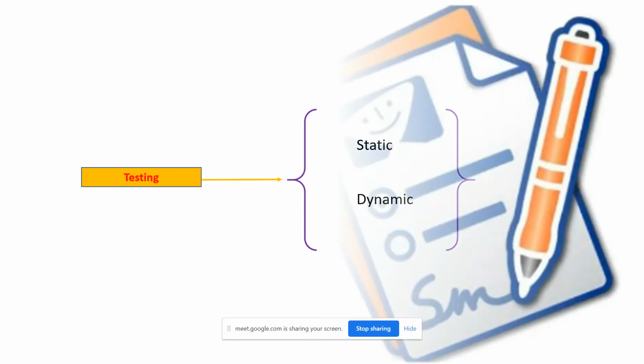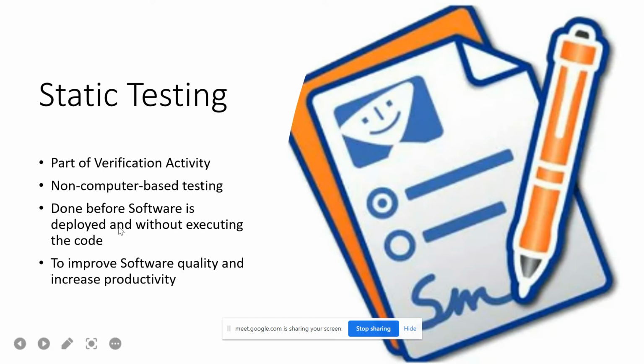See, static testing is a part of verification activity. I told you, verification activity is different and validation activity is different. So static testing is part of verification activity. It is non-computer based testing, which means you will not need software to perform this testing.